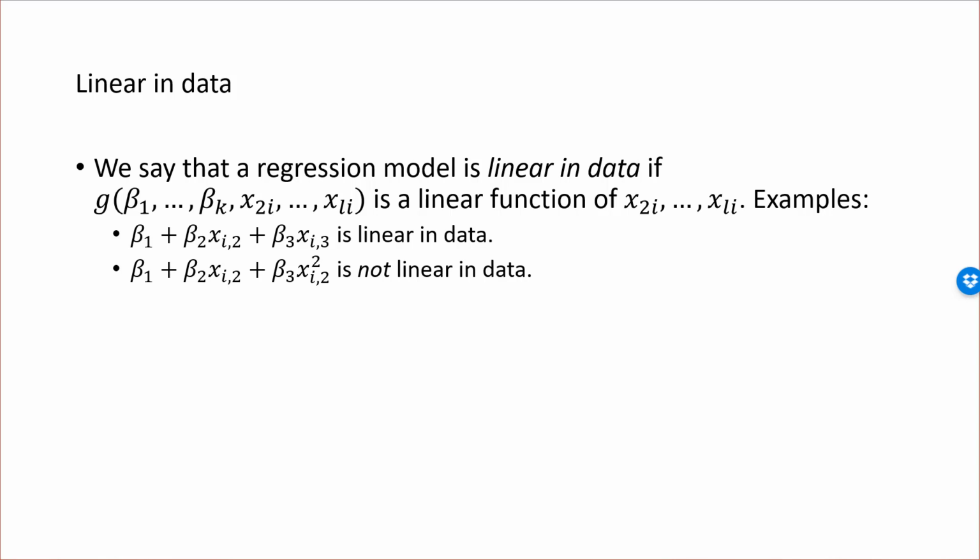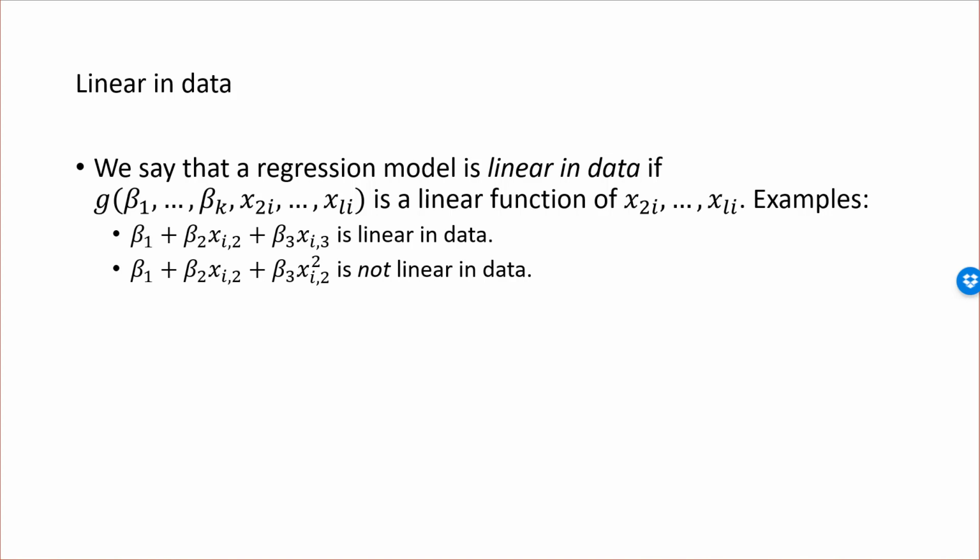It's a constant beta 1 plus another constant times xi2, where the second constant is beta 2, plus a third constant times xi3. Here the focus is on the x variables. The second example is not linear in data because of the xi2 square term.